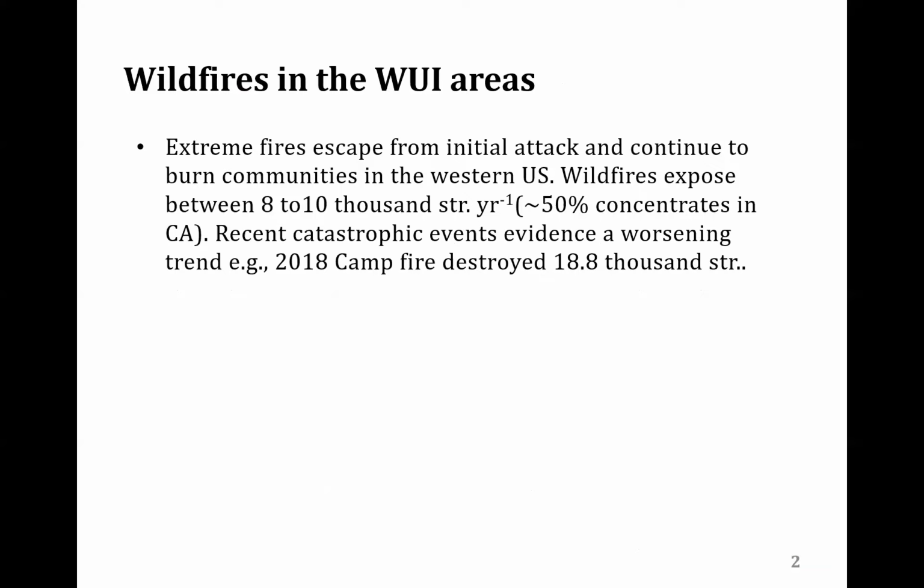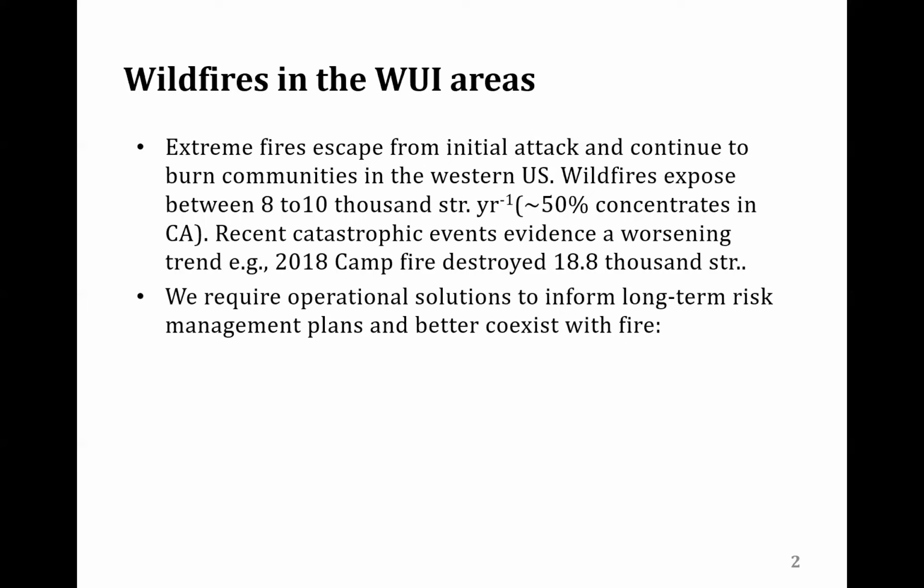Most of exposure is concentrated in California, but recent trends highlight an increasing exposure during the catastrophic events between 2017 to 2020. At this point, we require operational solutions to inform long-term risk management plans and better coexist with fire.